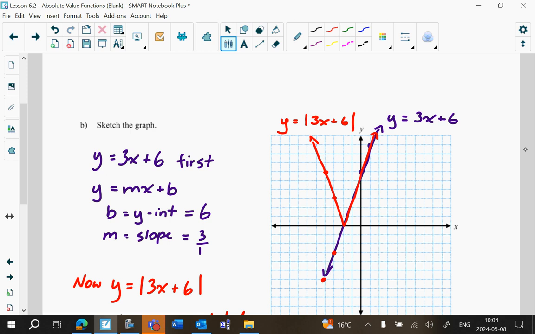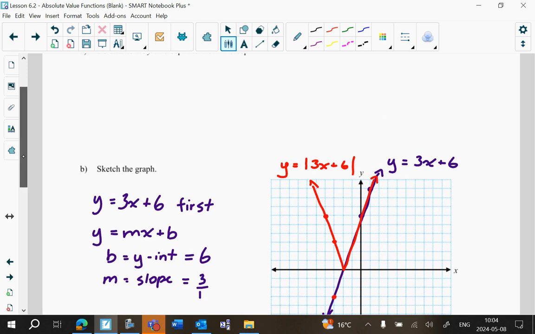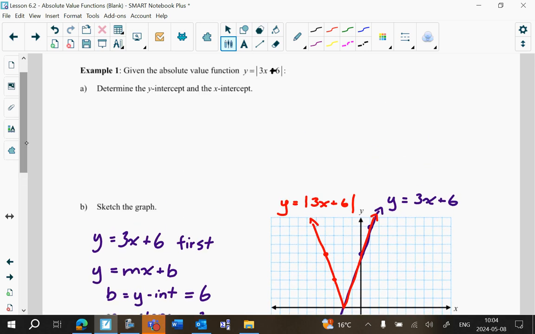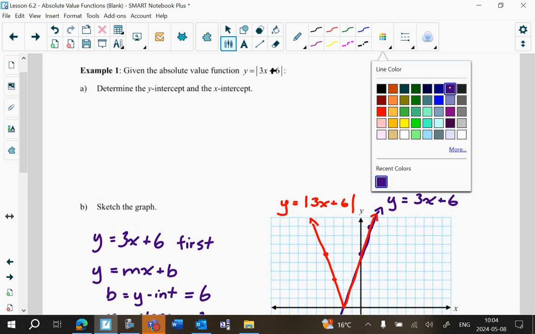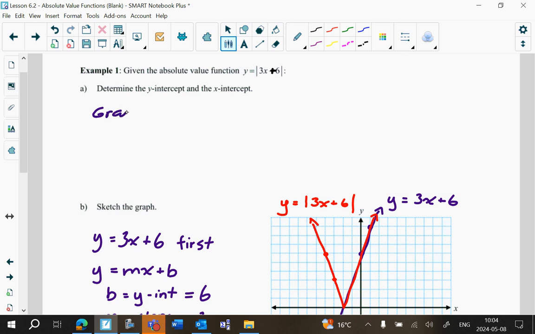So just think of that to get other points. 1 across, 3 down. 1 across, 3 down. So I'm going to hit right at -2. That's going to be my x-intercept. So from the graph, the x-intercept is -2. The y-intercept is +6. Remember, we changed it to +6.